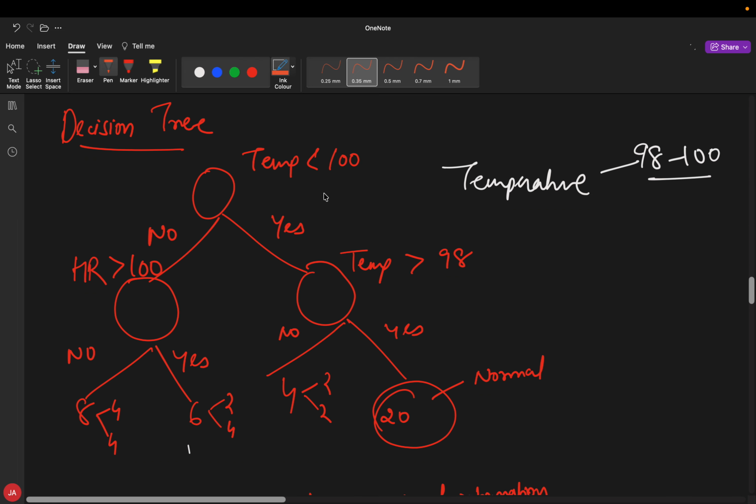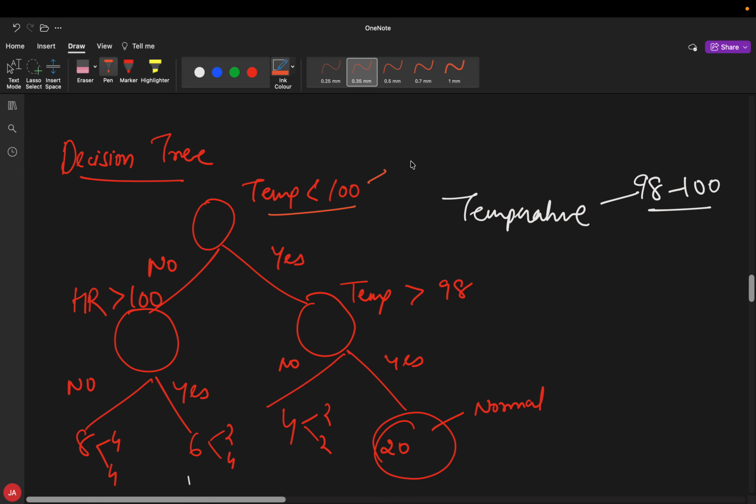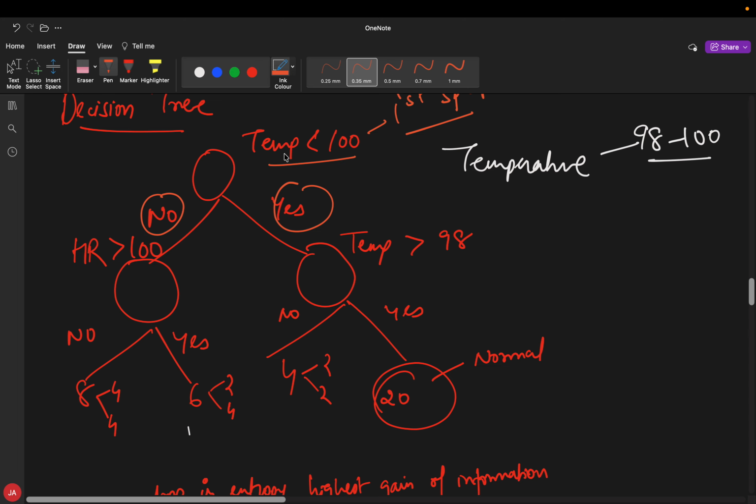So let's say for our data set, temperature less than 100 is my first split. If I split based on temperature less than 100, we get two possibilities: either temperature is less than 100 or greater than 100.